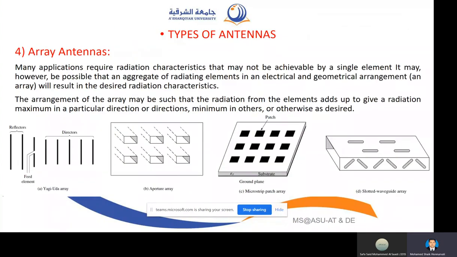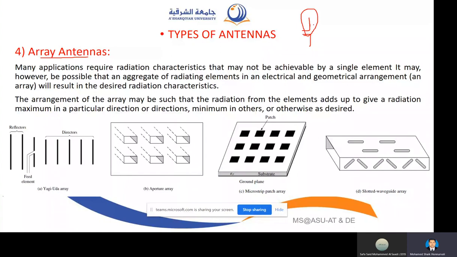Next is the array antennas. Array antennas are another type of antennas. When do we use these array antennas? Especially in some applications, the radiation pattern of a single antenna, for example a dipole antenna like this, may not be sufficient for your application.